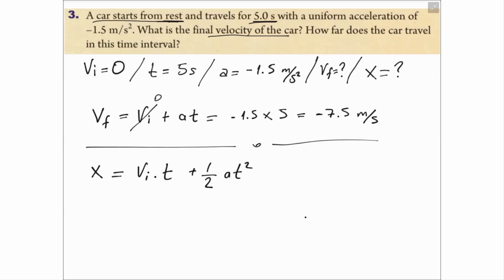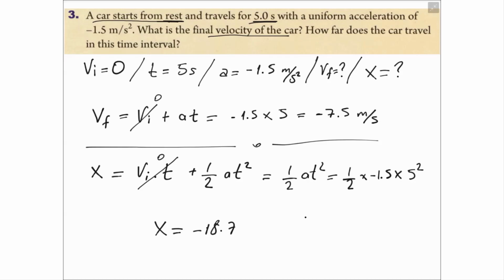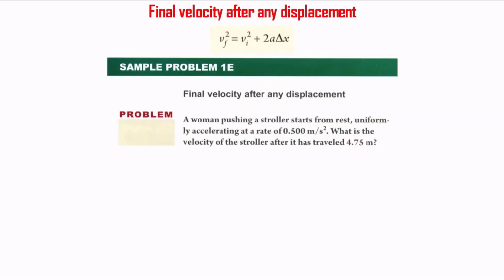And initial velocity is 0, so this part will be 0. So the formula in this case, it will be half a t squared only. And if you substitute the given, half times a is negative 1.5 multiplied by the time is 5 squared. So finally x gonna be negative 18.75 meters. Thanks for listening.